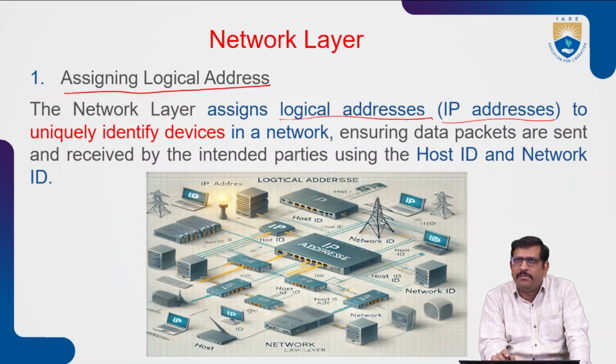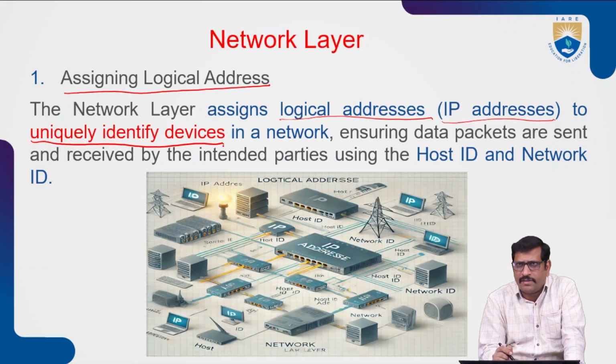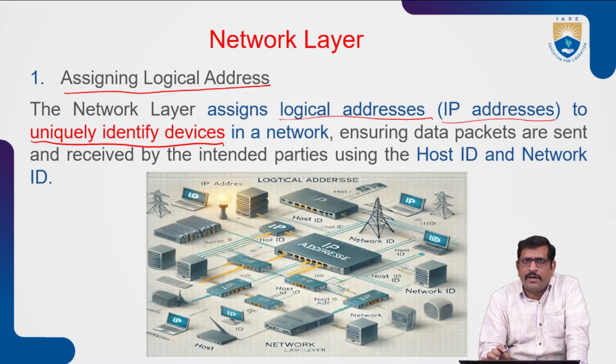Once the logical IP address is generated, it will be assigned to a uniquely identified device, that means whatever device is identified over the network. Once it is assigned to the unique device, it ensures the data packets are sent or received by the intended parties.